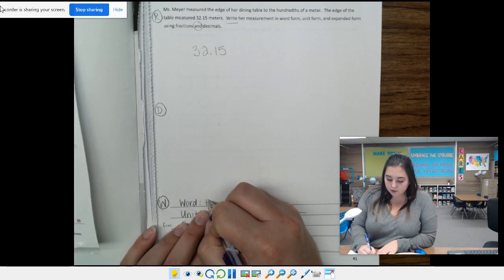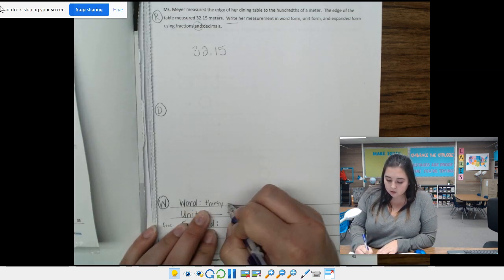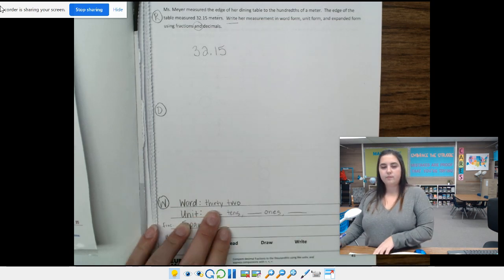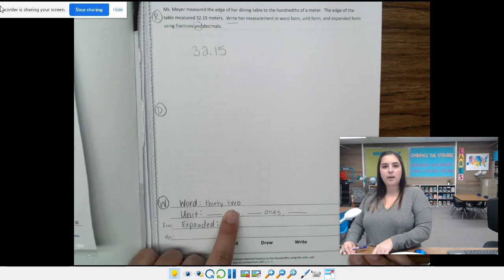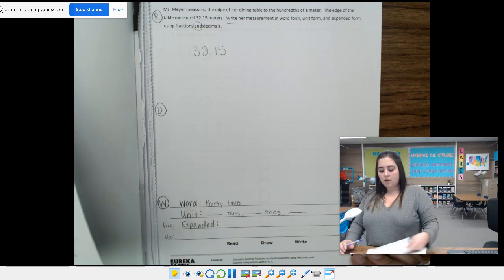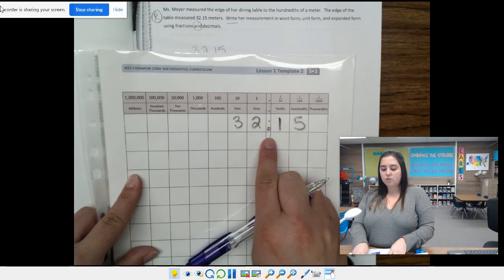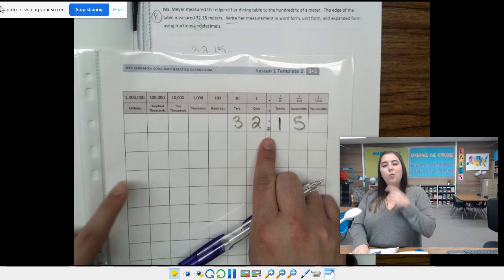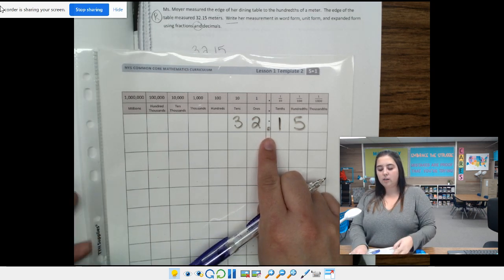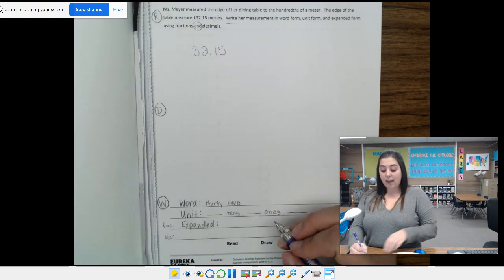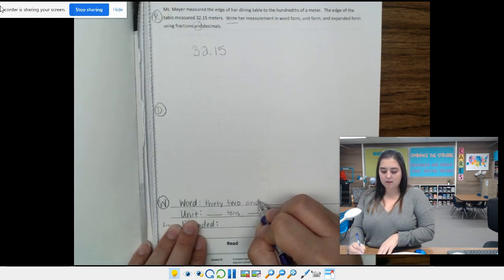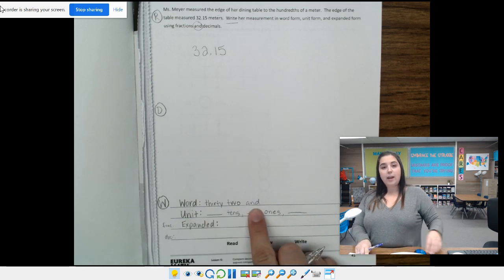Write it out. It's okay if you didn't spell it correctly. That's all right. Just try your best. Then, after my 32, comes my decimal. What is that word that we use to describe the decimal? And. Did you remember that? So far we have 32 and.